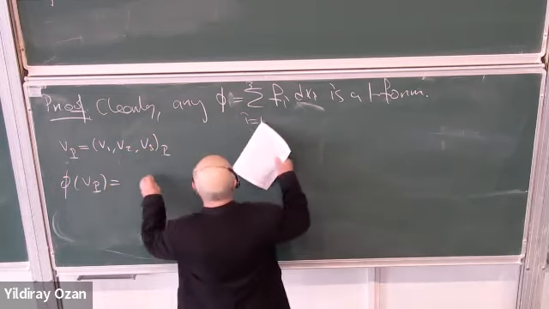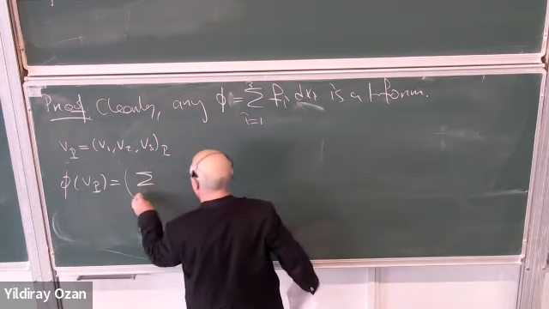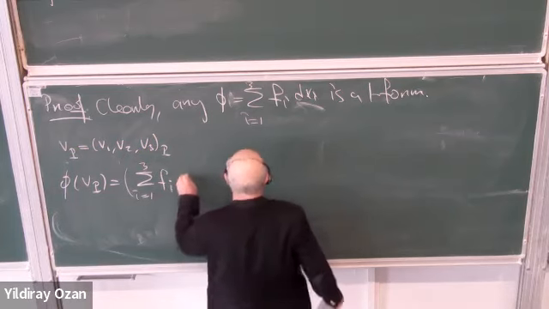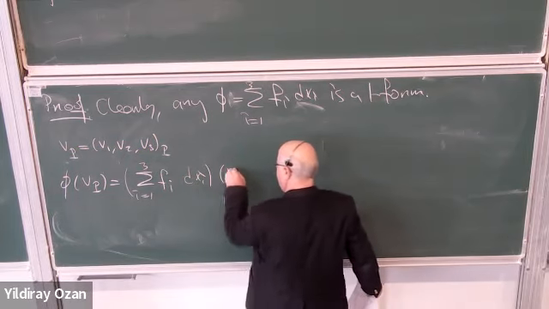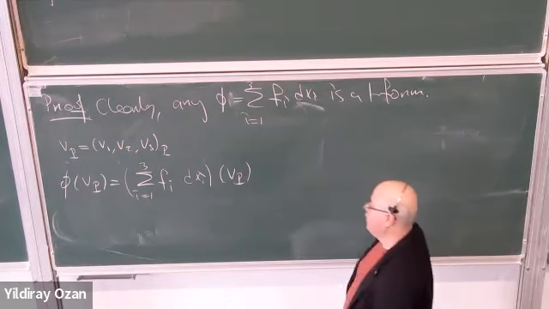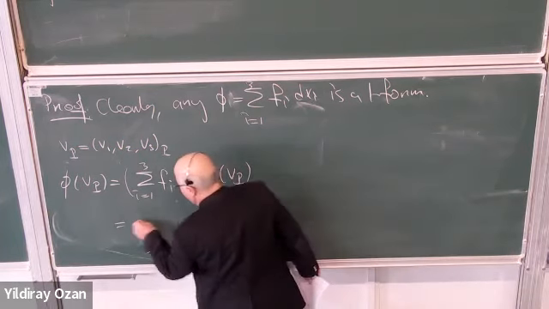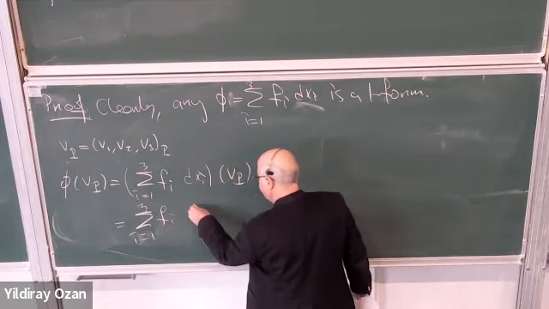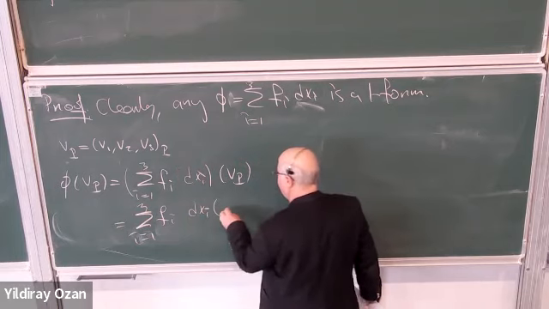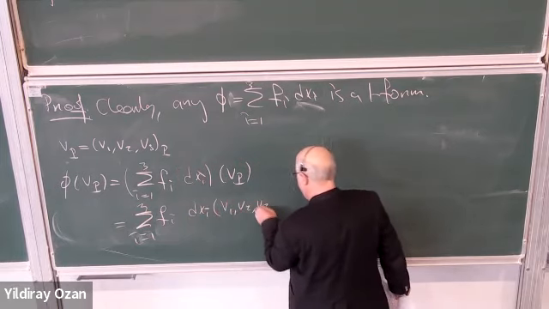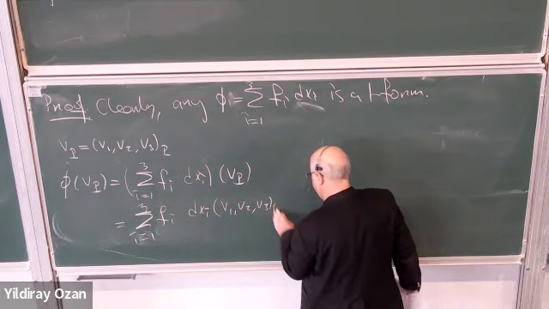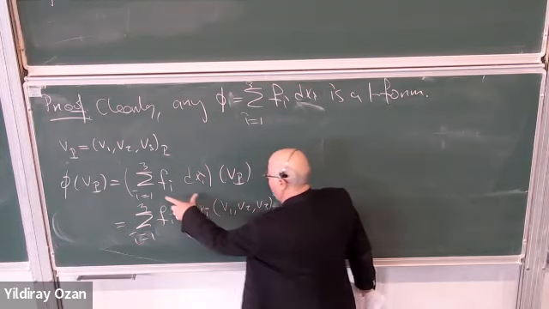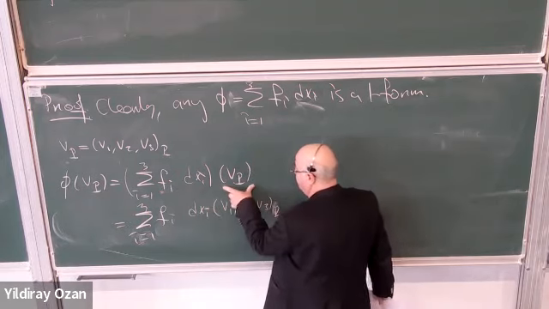Well, this is nothing but, so let me write it this way: the sum of fi dxi applied to the vector v1, v2, v3 at the point P. Here I apply this gadget to this vector.